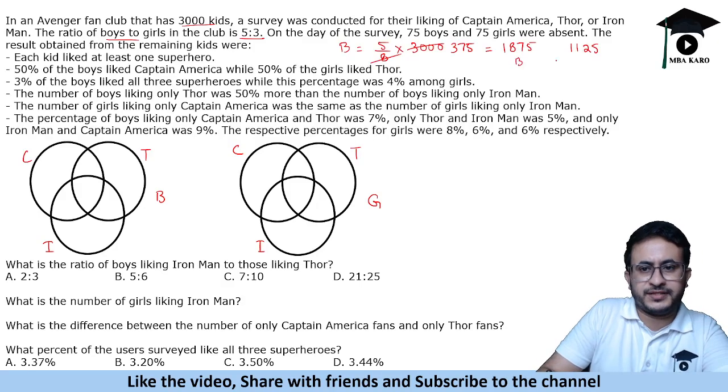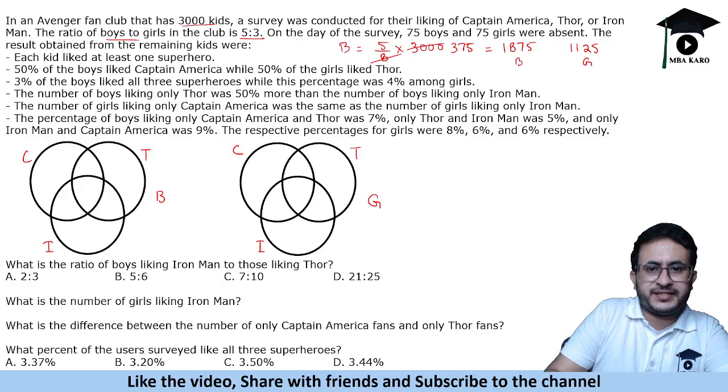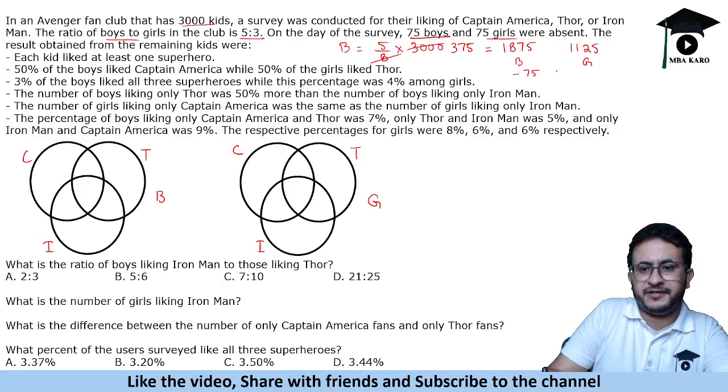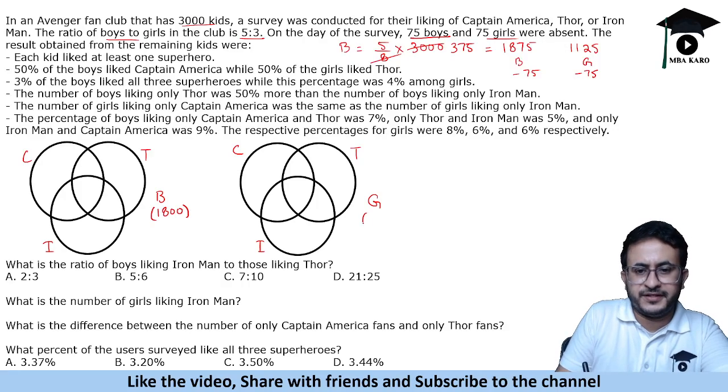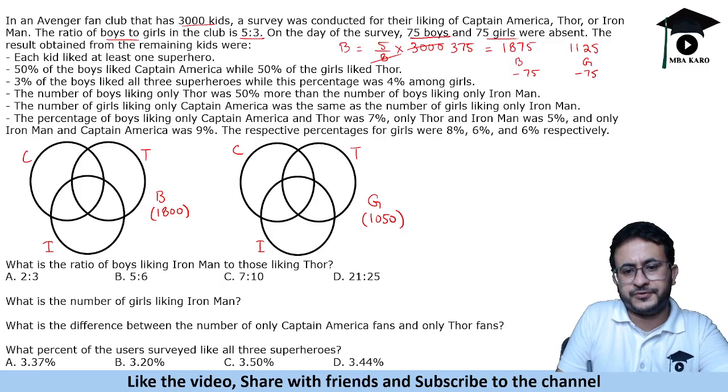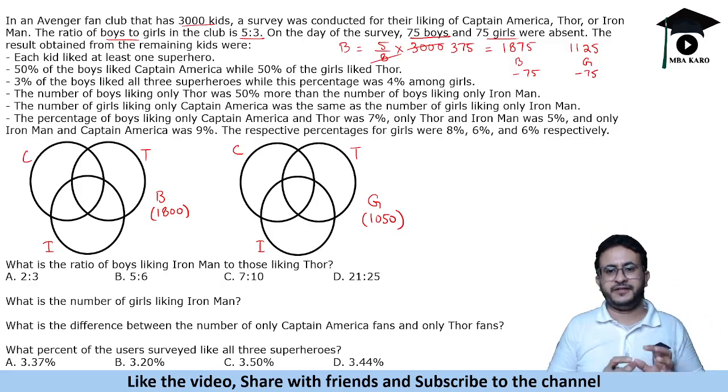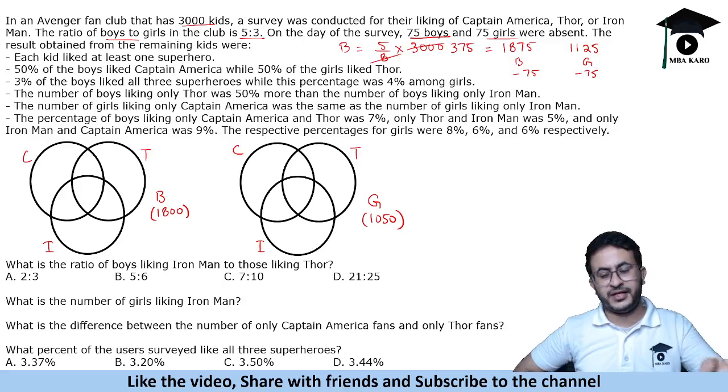This is boys, this is girls. Now it says that 75 boys and 75 girls were absent. So subtract 75, subtract 75. So boys present are 1800 and girls present are 1050. So that will be the total. Wherever it is needed, we will use that total.